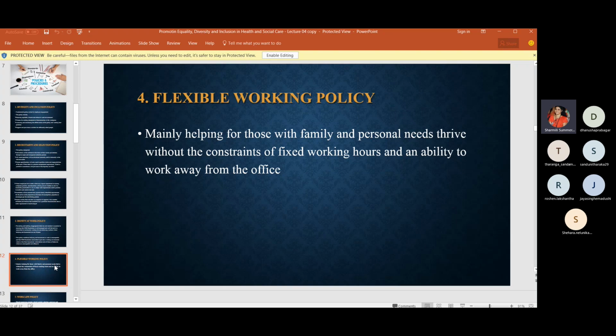But when we are talking about other companies like private sectors, to complete the target, the employers are rushing the employees. And if they rush the employees, the individual may have stress, and they won't have good time with the family, and then family problems also come.